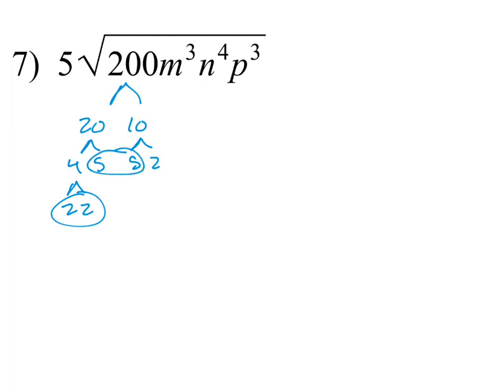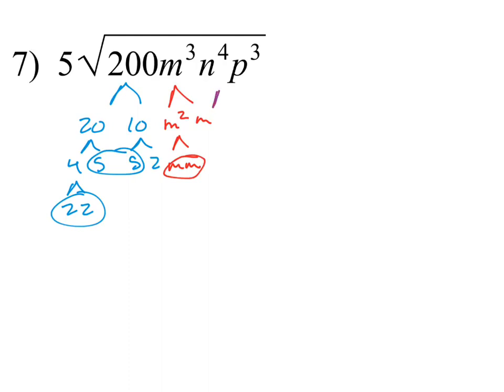I'm going to switch to a new color here. So that one's all factored there. The m here is m squared times m, and m squared is m times m. So we got a pair of m's. Oh, I don't want to cover up my 2 there. And then I can move on to my n. Let me pick a different color.